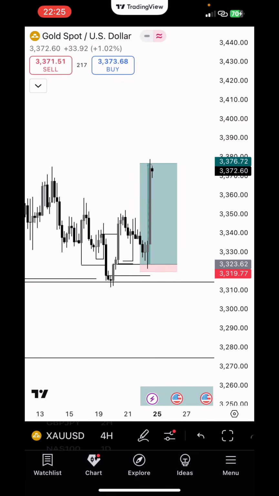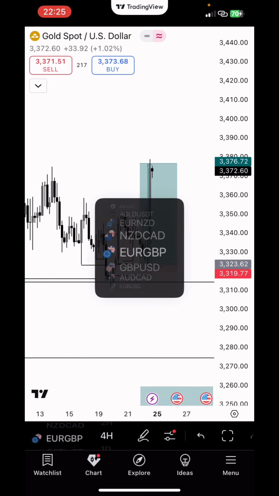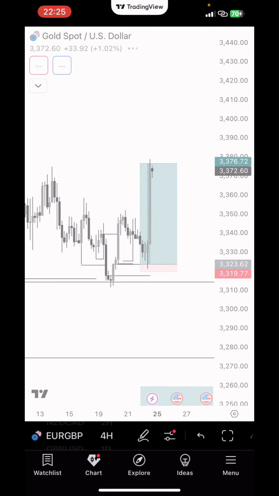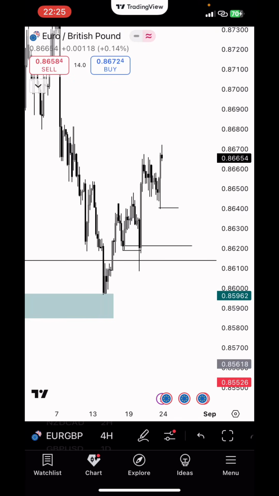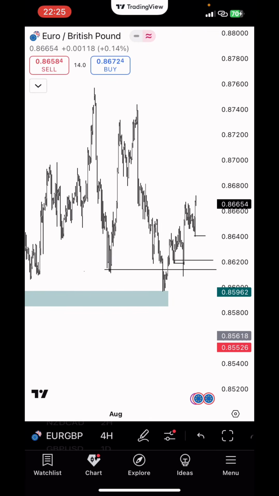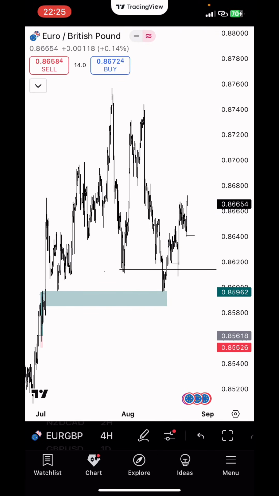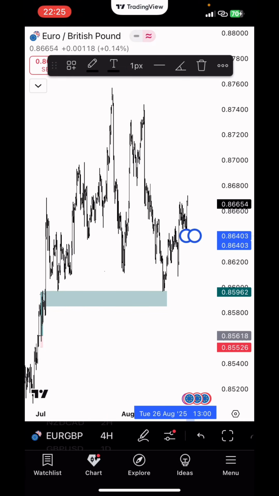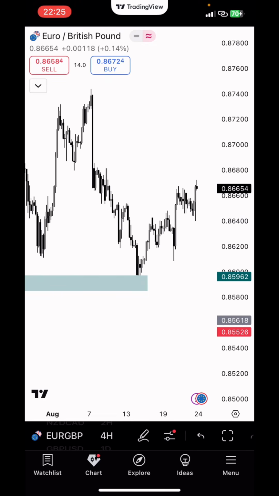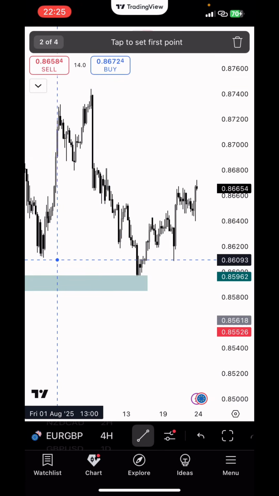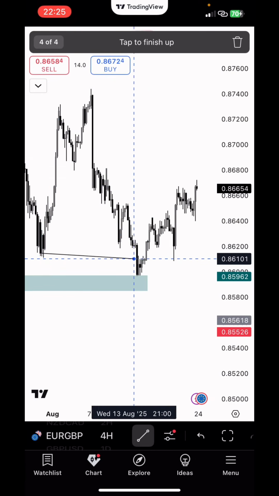So let me show you guys one more on Euro GBP. So I saw, let me cancel everything. This one is not picture perfect. Just pay attention. So this is a key level.